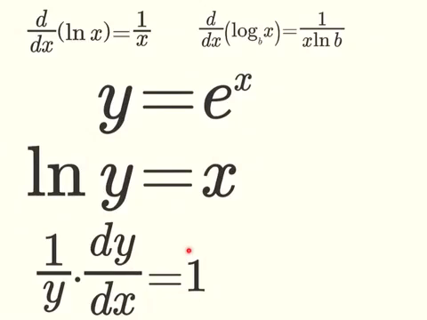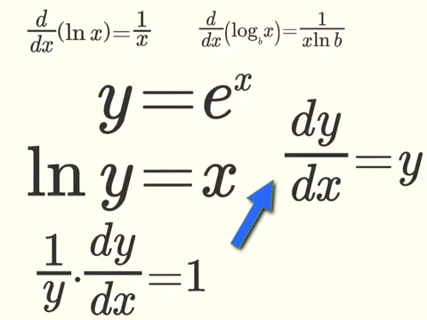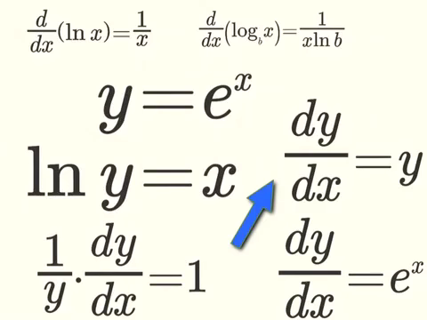If we then solve for dy/dx, we get that dy/dx is equal to y. And we know that y is equal to e to the x. So that means that dy/dx is equal to e to the x.